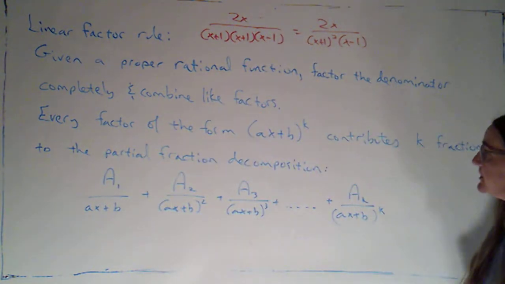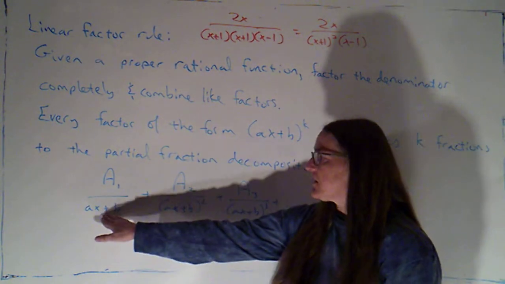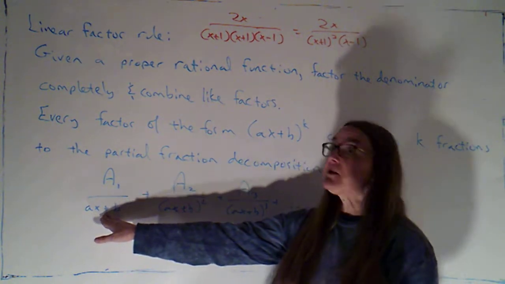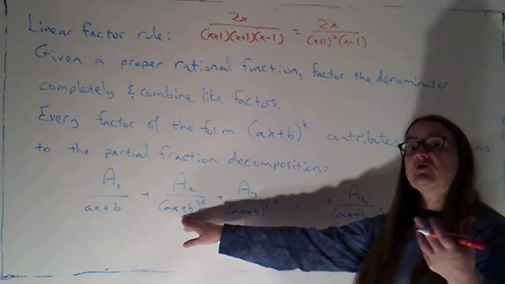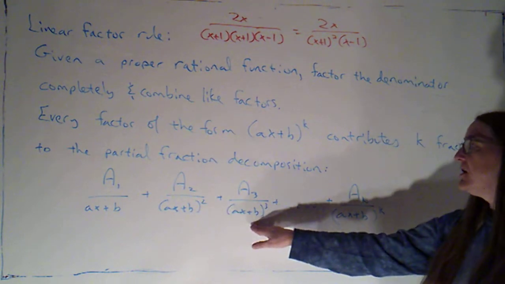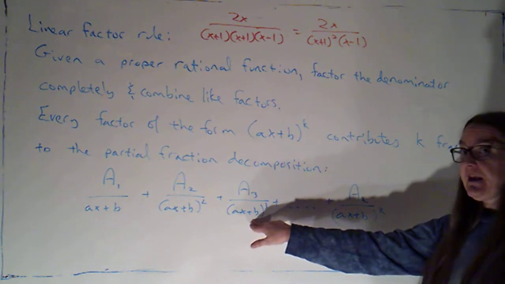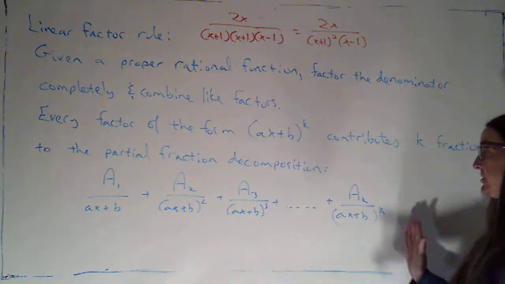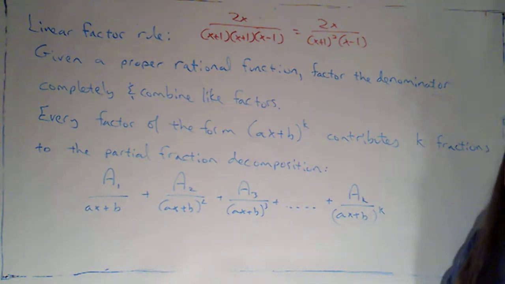And the rule for linear factors is that for the denominators, we start with just the linear function. If it's repeated, the next fraction would have that linear function squared. If it's repeated 3 times, I'd have another fraction with that linear function cubed. If it was repeated 50 times, I would have 50 fractions, and the last one would have that linear function to the 50th power.